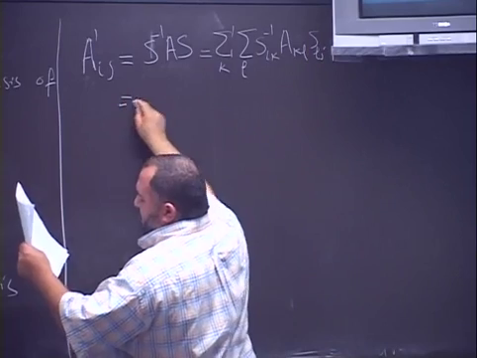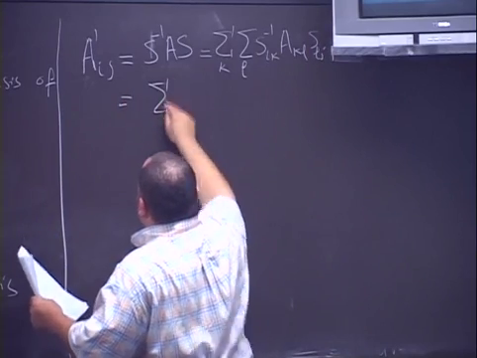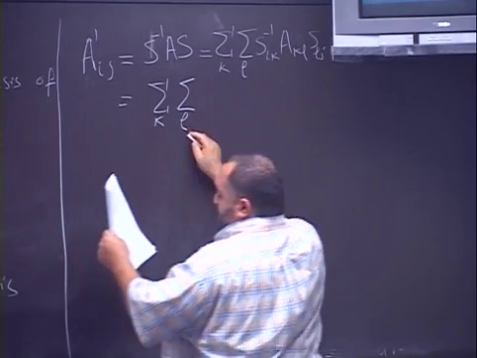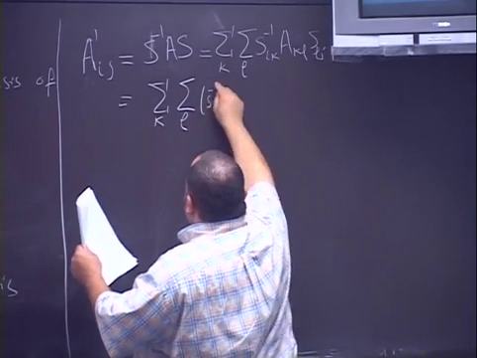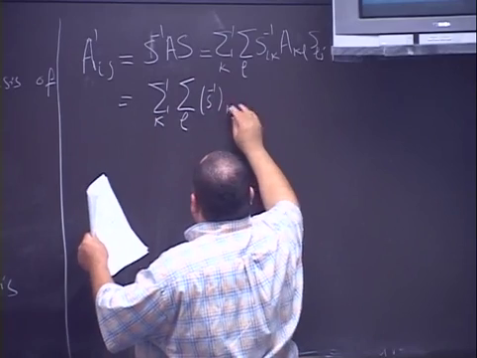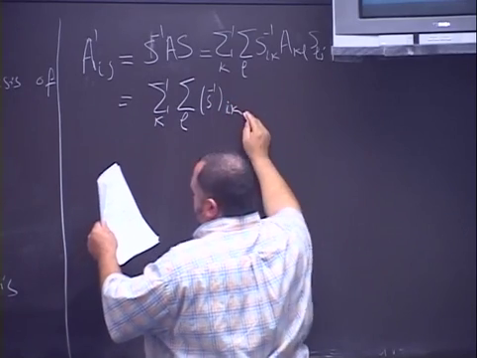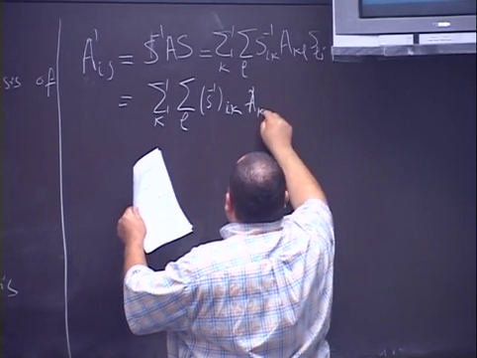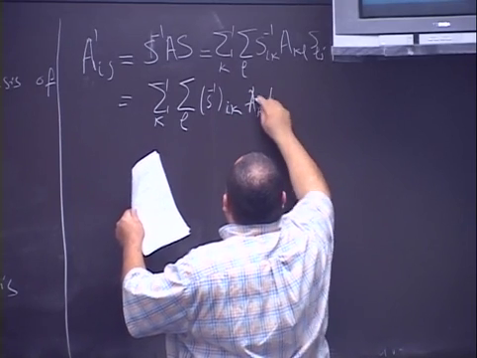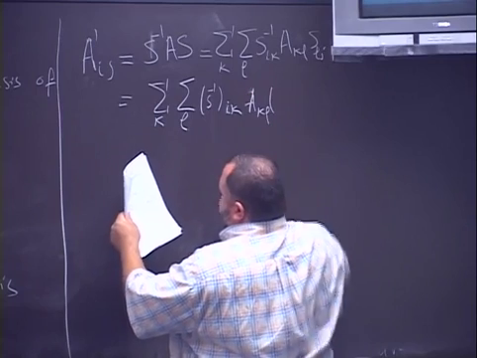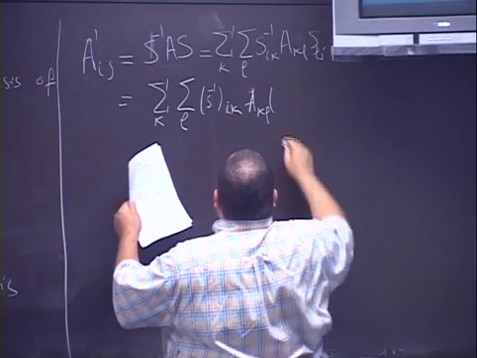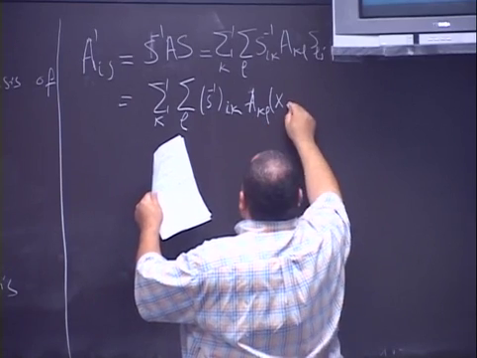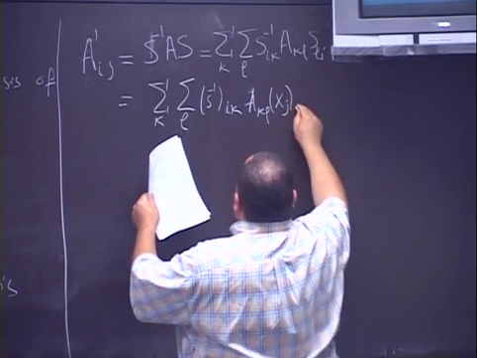So now I can rewrite this as summation over k, summation over l of S minus 1 i k, and a k l, and I can write it as a k l x j l.